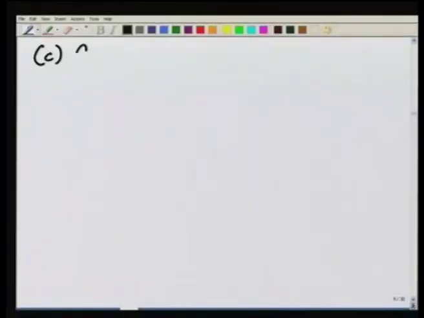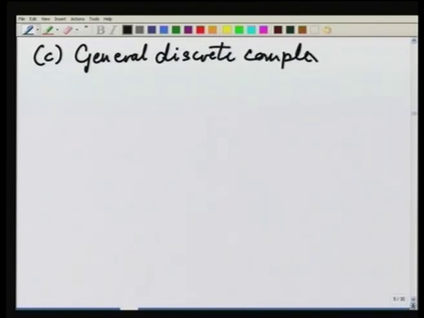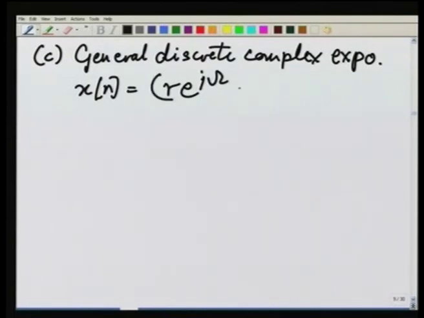Moving finally to the general discrete complex exponential, case C. Let us put this down as x[n] equal to r e to the j omega, multiplied to the power n.